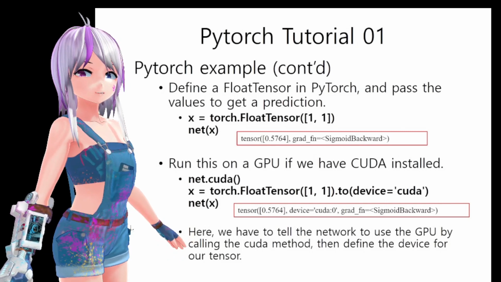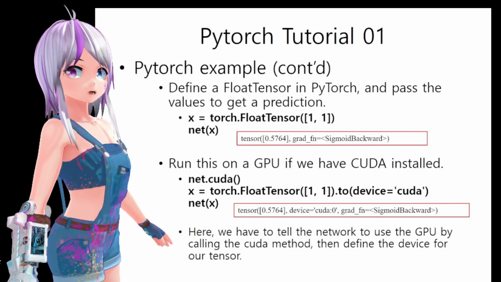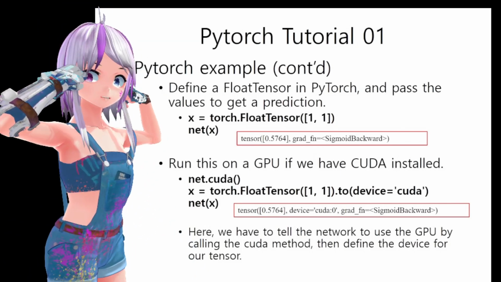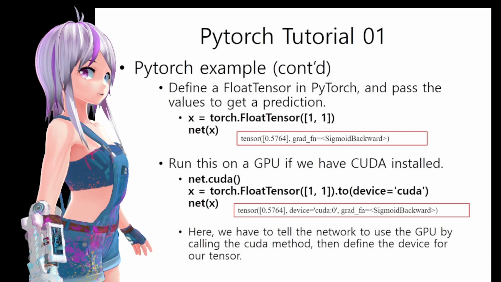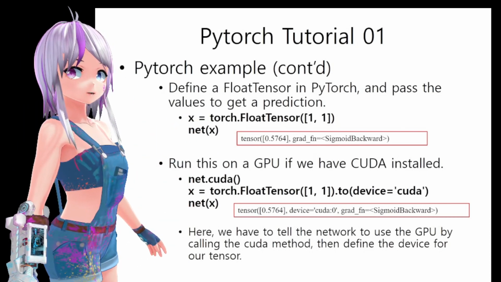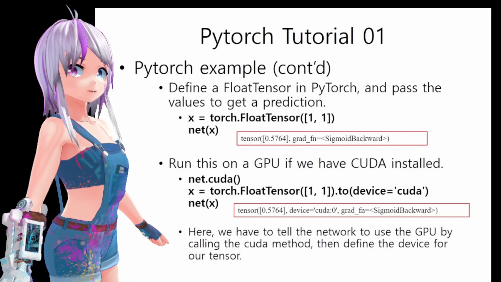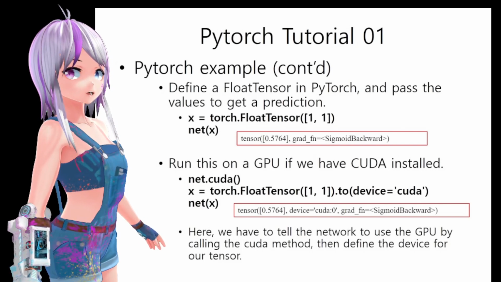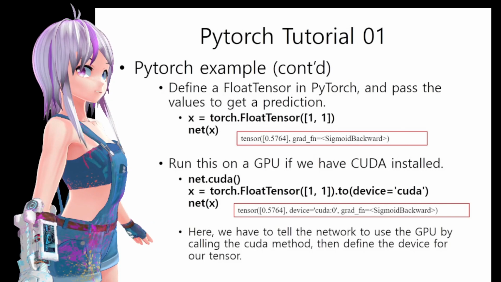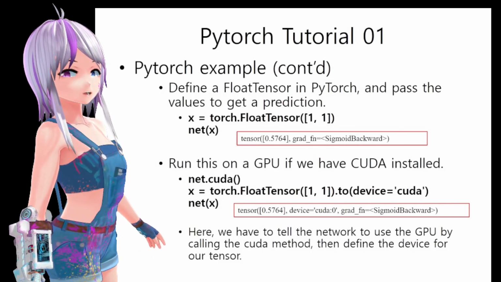Device, we have a GPU, which is 'cuda:0', and the same gradient function, which is sigmoid backpropagation. So here we have to tell the network to use the GPU by calling the cuda method, then define the device for our tensor. If you don't have a nice GPU, then there is an option that you don't need to use CUDA. Okay.